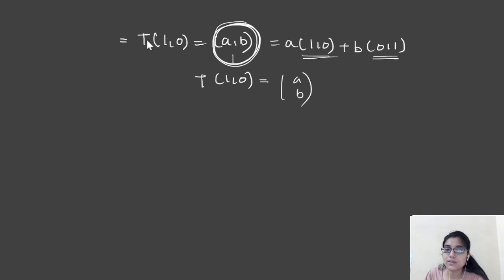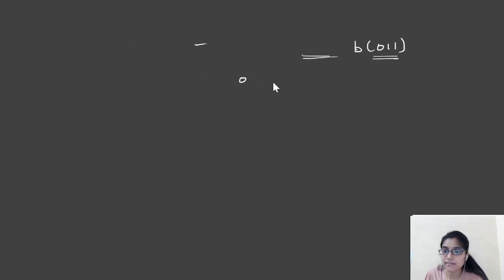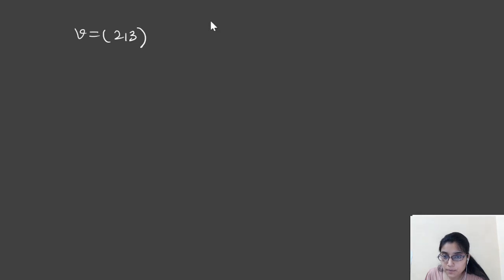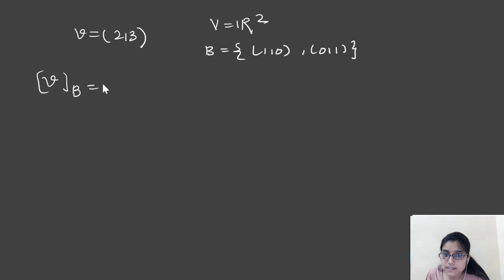And if you still didn't get that point, I will explain it once again with the help of an example. Suppose you have a member 2 comma 3 from the vector space R2 and you have the standard basis, okay? And I asked you to find the coordinate vector with respect to basis B of this vector V. What you will do?